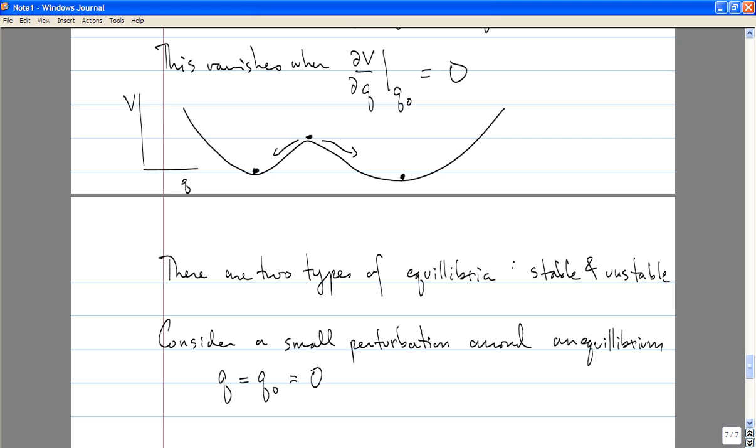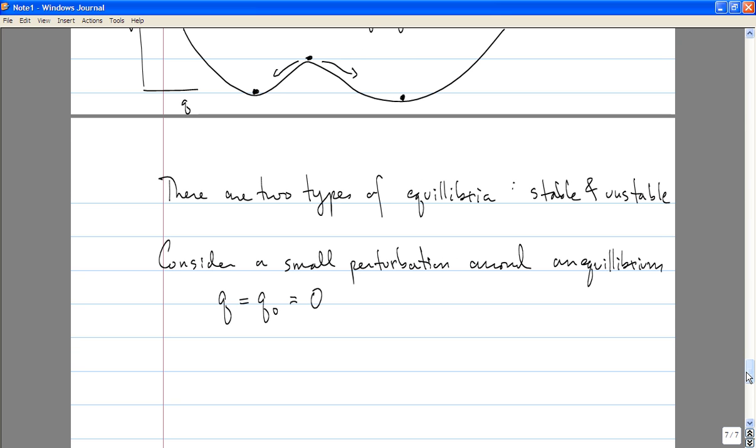I note that the equations of motion are unchanged. The physics is unchanged if I choose some new form for my degrees of freedom. So I can always shift my degrees of freedom to set q naught equal to 0. And so then what I would like to do is expand my equations of motion and expand the Lagrangian in a perturbation series around this equilibrium point.